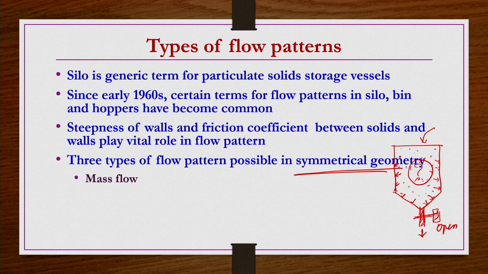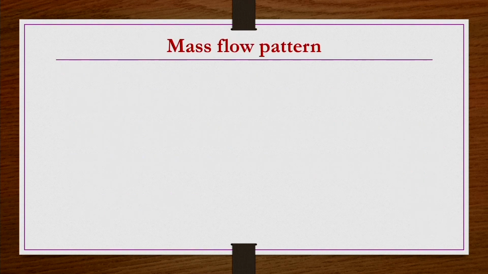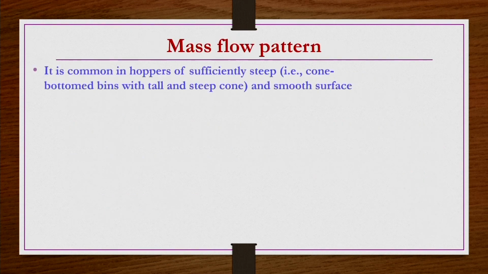One is the mass flow, another one is the funnel or tunnel flow, and the third one is the expanded flow. Now, we are going to see details of each of these flow patterns. Let us start with the mass flow pattern. Mass flow pattern is common in hoppers that are sufficiently steep, that is, cone bottom bins with a tall and steep cone and smooth surfaces.